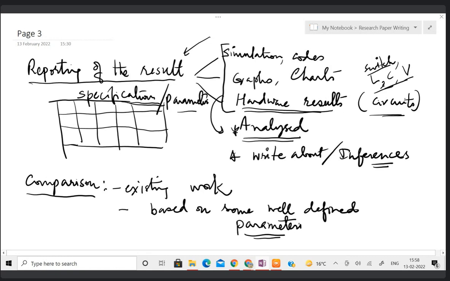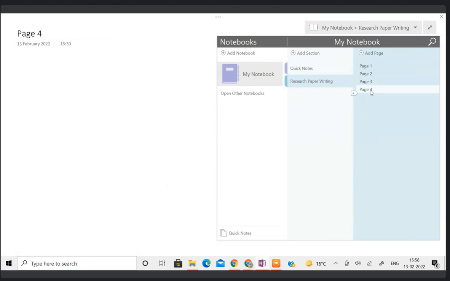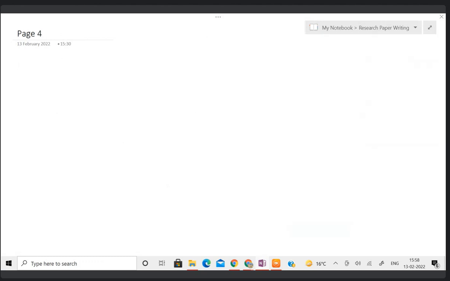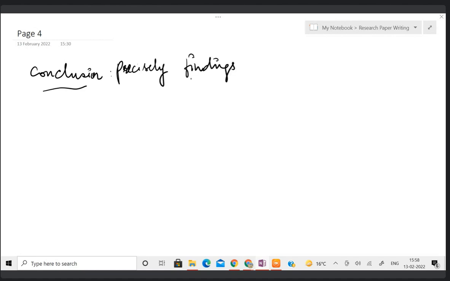And then finally we have the last section, rather the second last section, which is your conclusion. After comparison, you have this conclusion section, and you have to very precisely tell about your findings, the important findings.